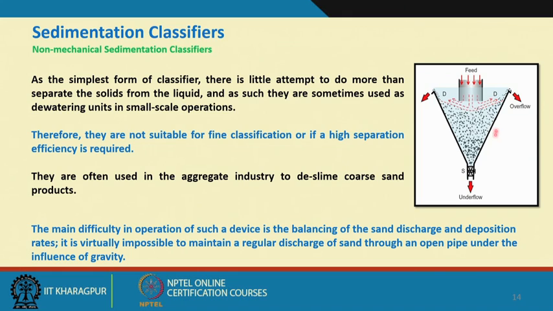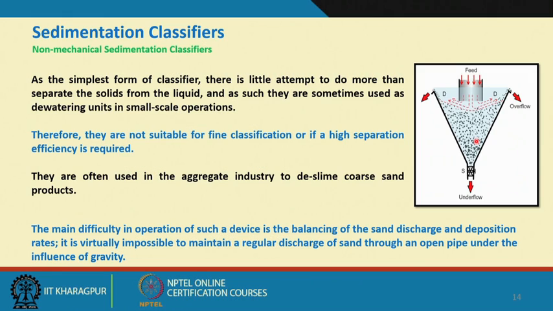So, basically you see that with this type of vessel, we cannot have size based separation accurately, but where can we use it? We can have a solid liquid separation quite effectively, although if you have very ultra fine particles in your water, they may also be collected.